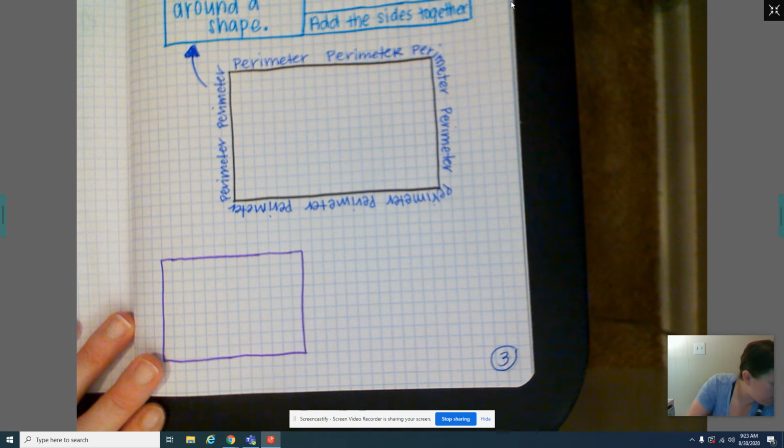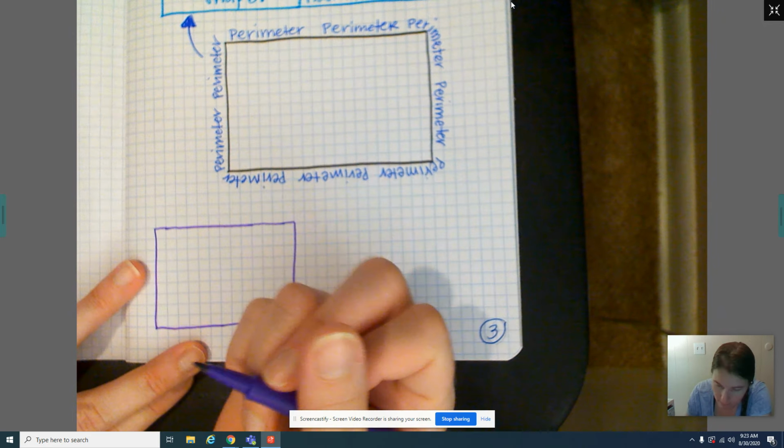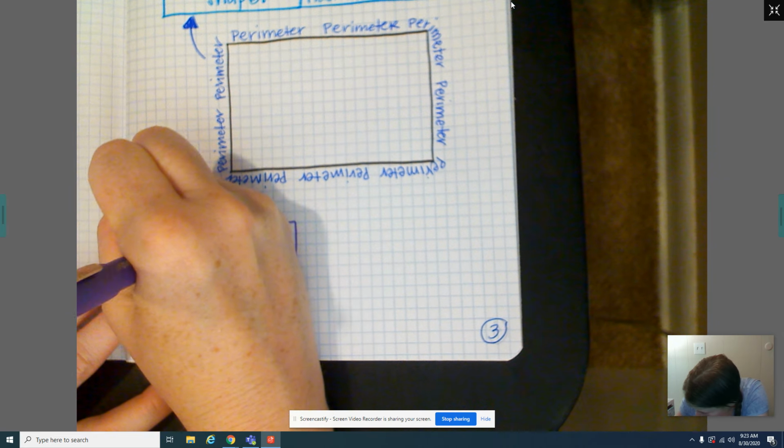Okay, I've got a box at the bottom. Area is going to be the space that a shape covers. I'm going to write a little bit more here, so I'm going to write a little smaller so I don't run out of room.